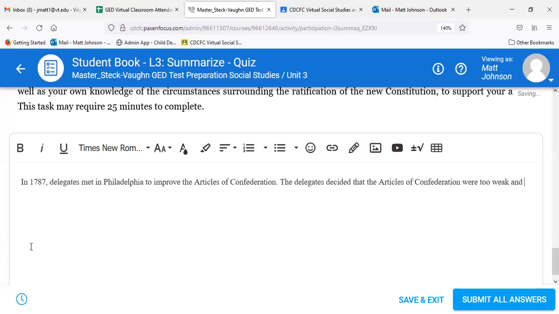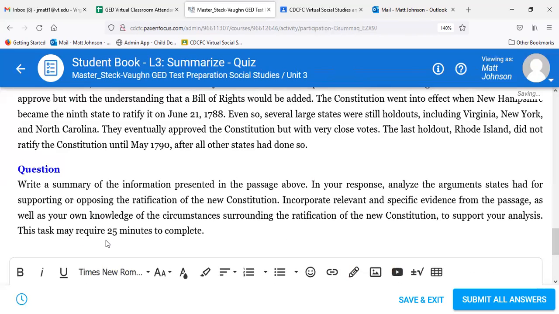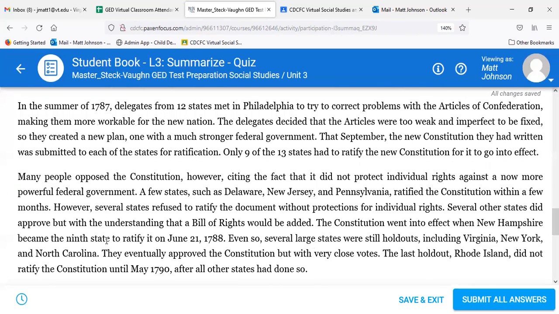And you can always go back and take a look to see, as far as word choice or getting ideas. So we don't necessarily have to put both too weak and imperfect to be fixed.